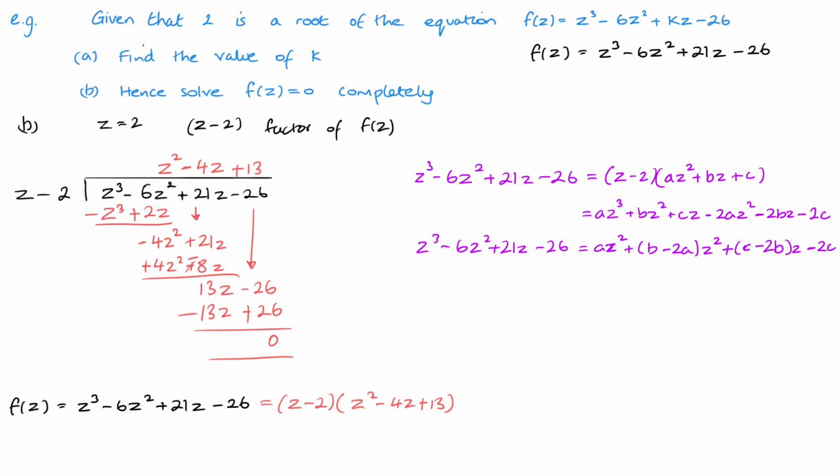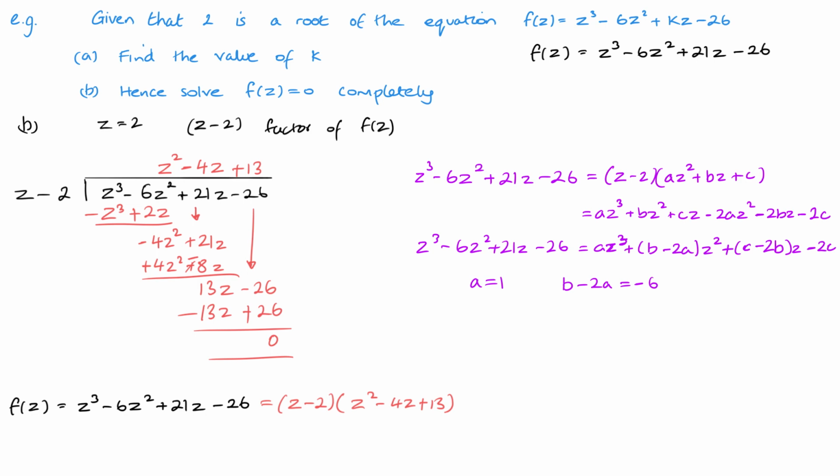So all we're doing is we're just comparing now. So looking at, sorry, that should be z cubed, shouldn't it? From here, silly mistake there. So looking at our z cubed, we can see that a equals 1. Then looking at our squareds, we can see that that is now b minus 2a is equal to minus 6.